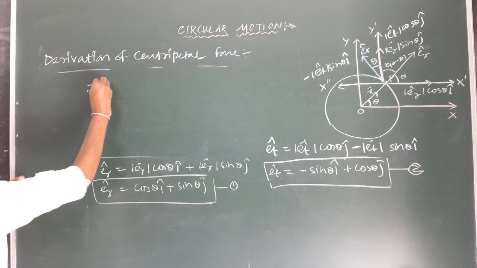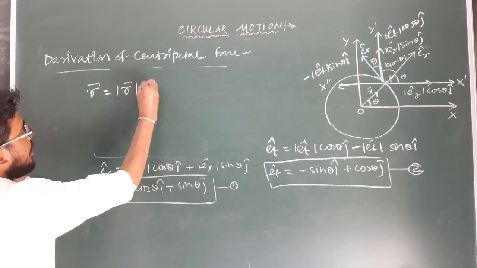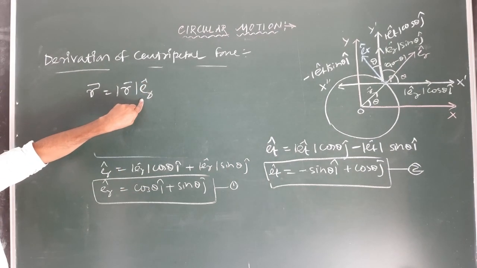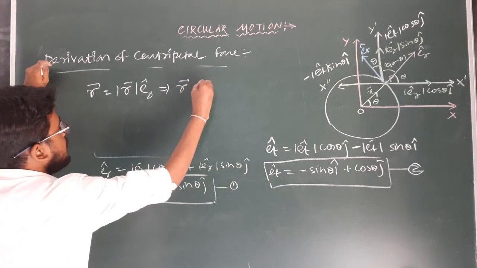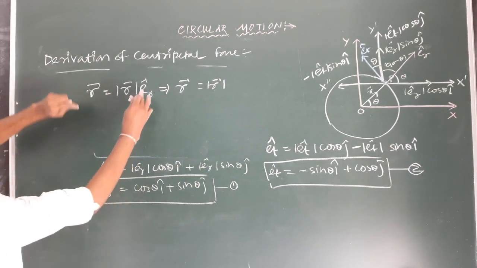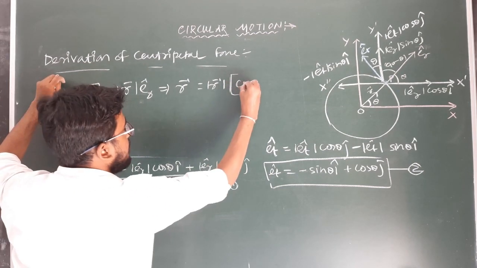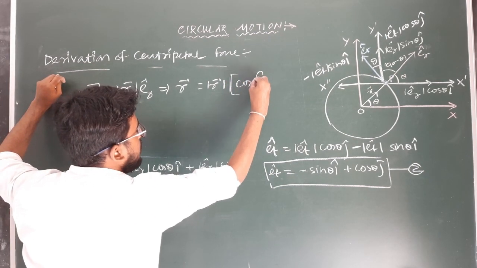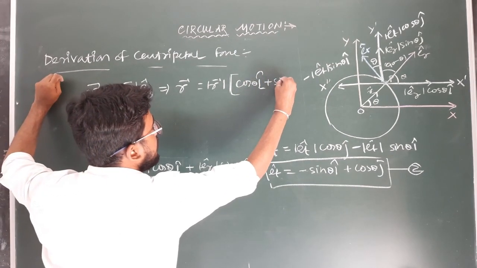The r vector can be written as |r vector| into er cap, because er is the unit vector along the radius. So you can write the r vector is equal to |r vector|, and in place of er cap I can write this, which is cos theta i cap plus sin theta j cap.